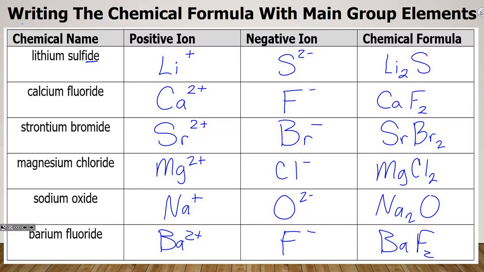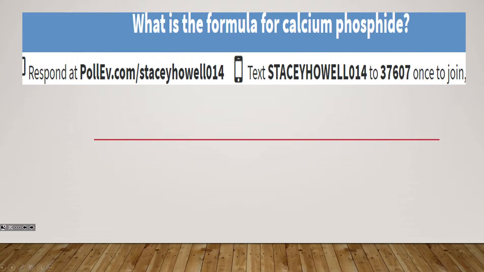Got it? Okay, here's your poll. So Poll Everywhere, either on your phone or on the computer. I want to see where everybody's at. You're answering the question: what is the formula for calcium phosphide?